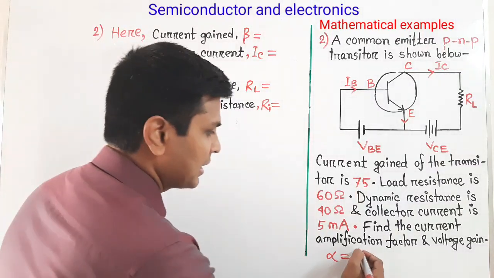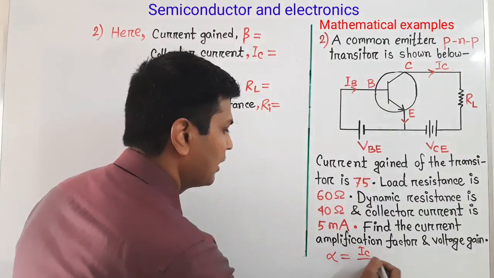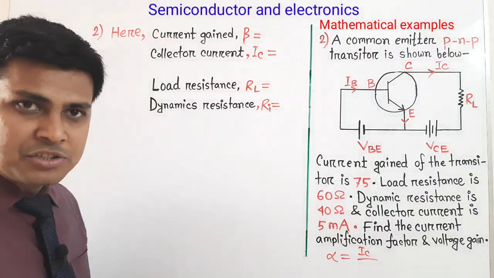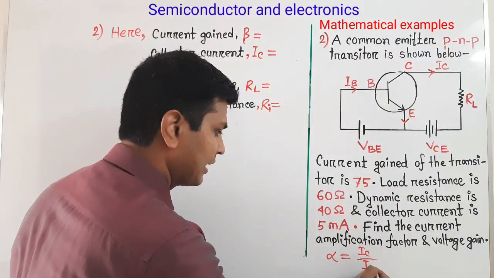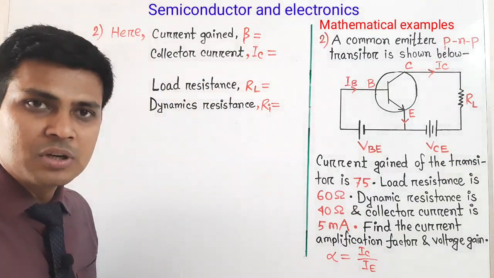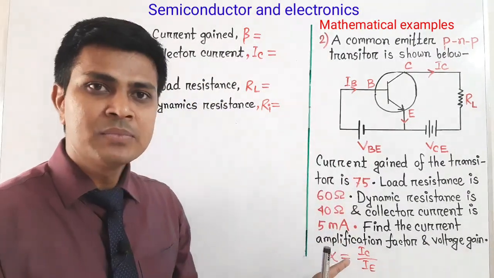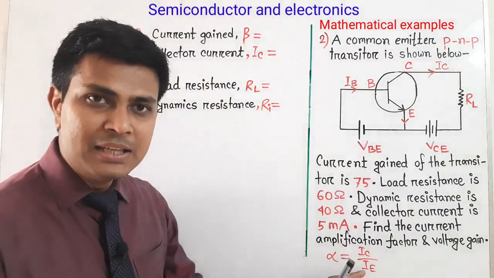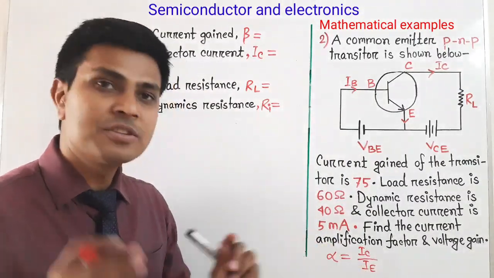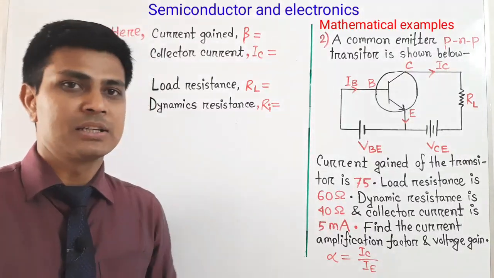One is the current in the collector, that means collector current IC, and the current in the emitter, the emitter current. But in the diagram, you can see there is no value of IE, that is the emitter current. So first of all, we have to calculate the emitter current.